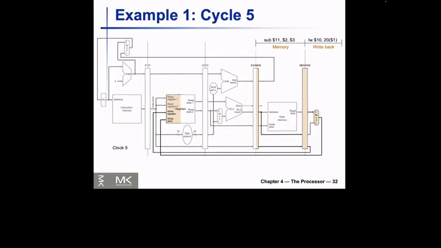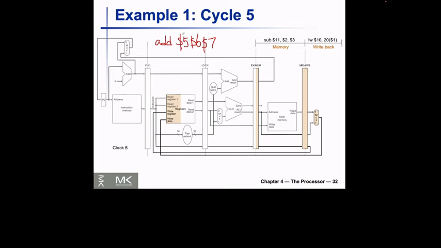Let's say, if somehow at the 5th clock, this instruction is in its second stage.